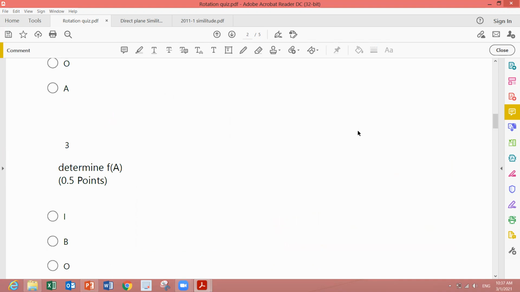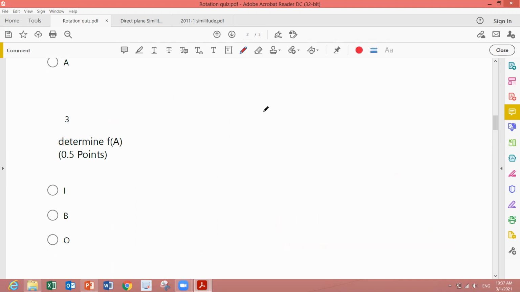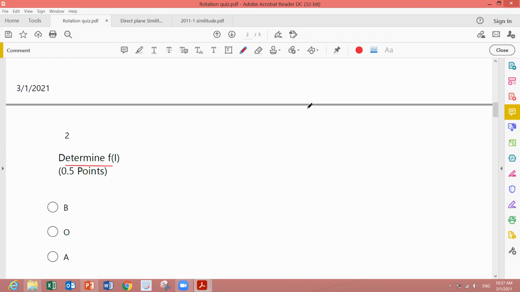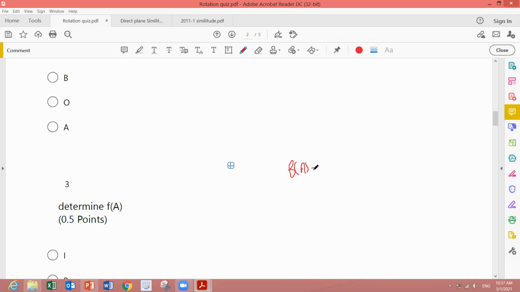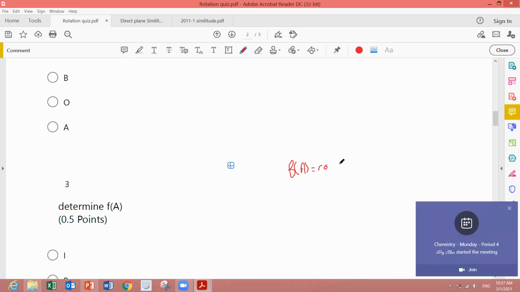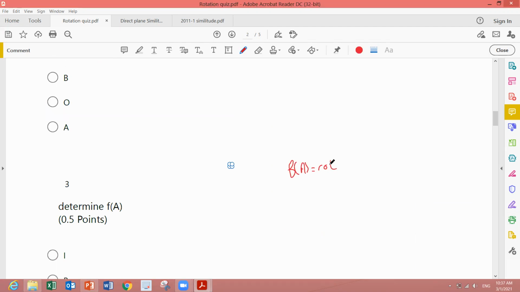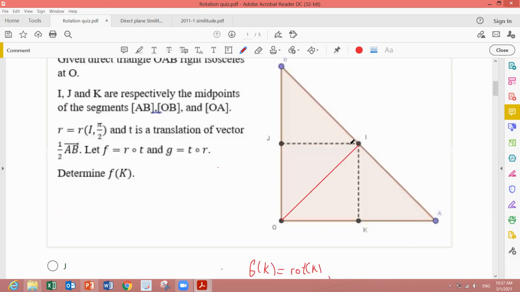Okay. Thomas, what is F of A? F of A is R round T of A. This is the picture. أول شيء T of A is I. بعدين what is the rotation of I?